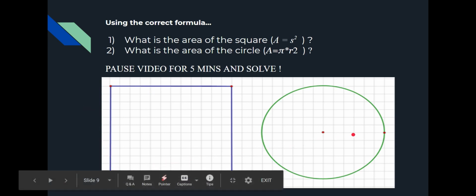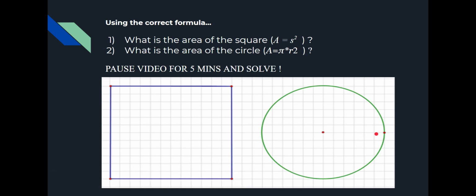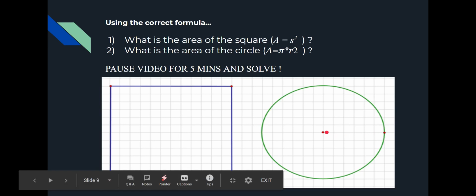Now, for the circle, we have a circle with 12 centimeters in diameter, which means if we count all these boxes going across, if we cut it directly in the middle, it will be 12 boxes, which is also 12 centimeters.